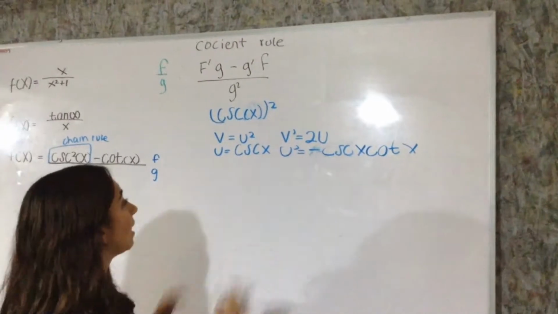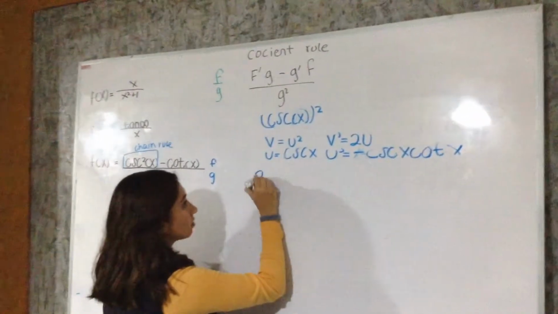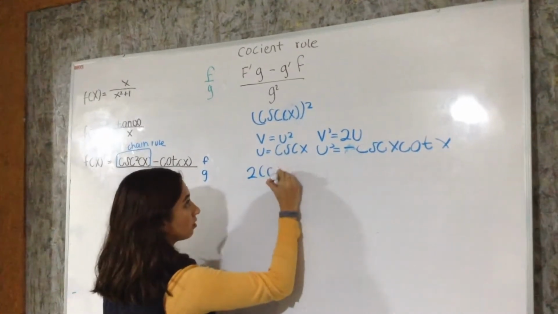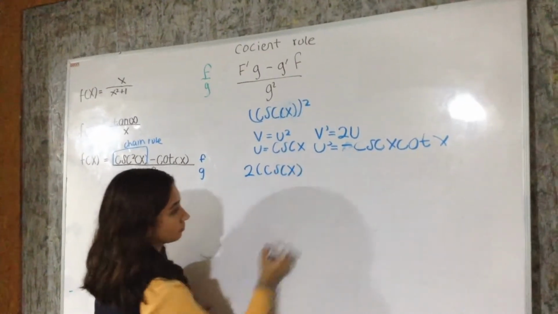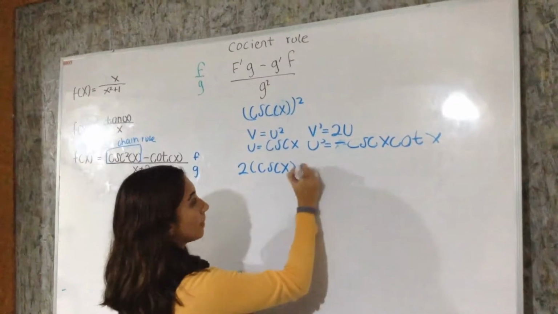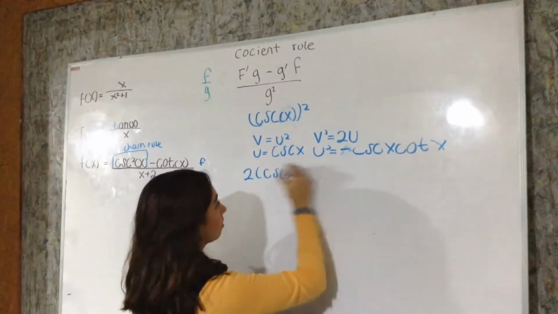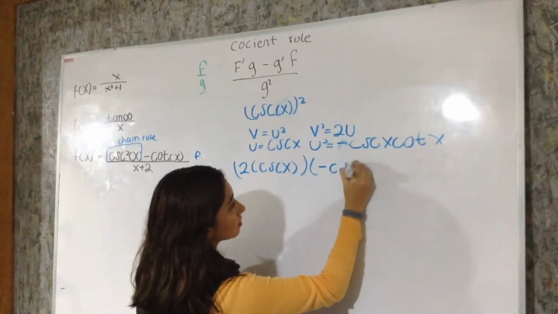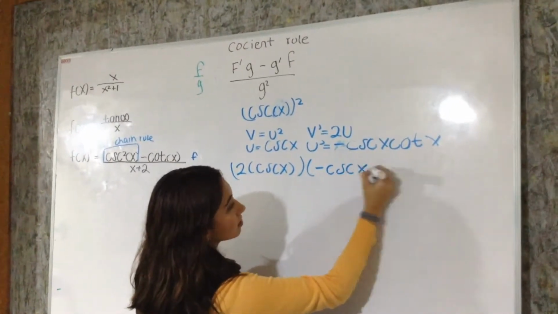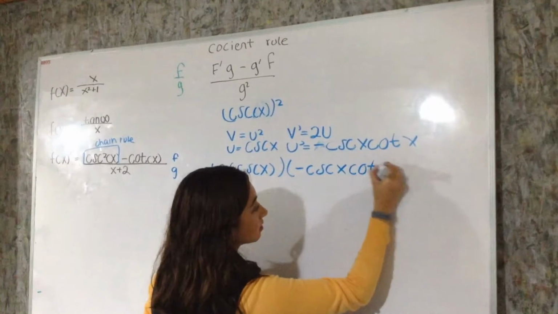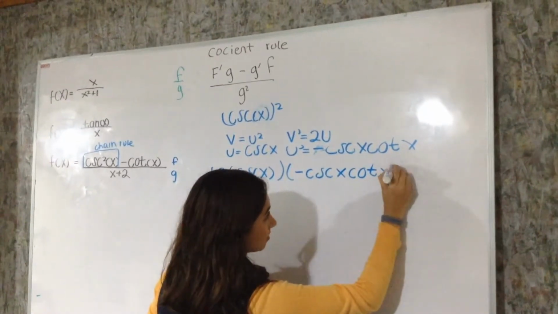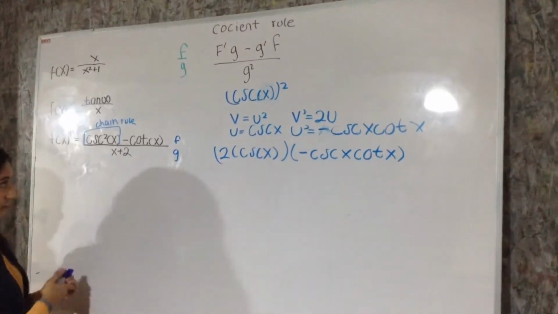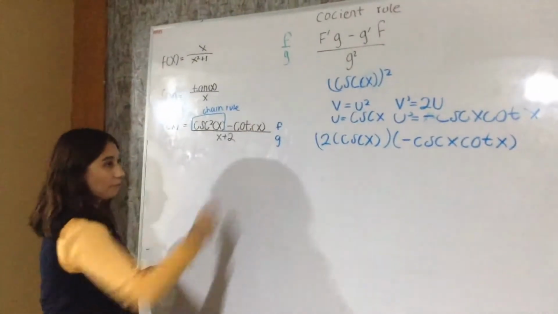Now we are going to multiply these two. It's going to be 2 multiplied by u, minus all these, minus cosecant x cotangent x. But now we have to add minus cotangent of x.